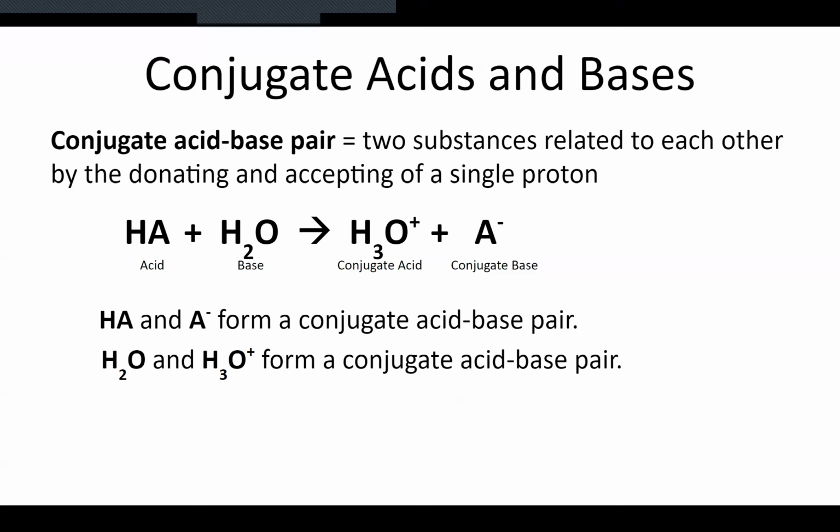So your charge count goes down by 1. For the H2O base, upon receiving an H plus, your charge count goes up by 1 as well. So not just are you getting 1 more H, H2O becomes H3O, but your charge went up from neutral to positive 1.